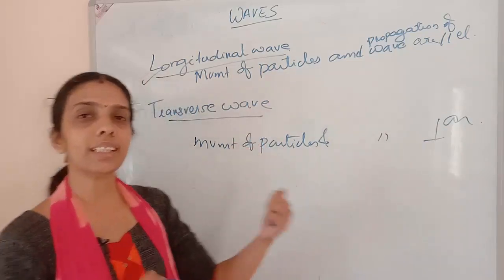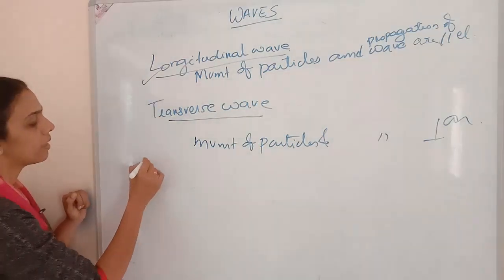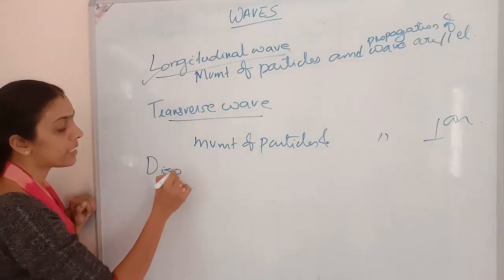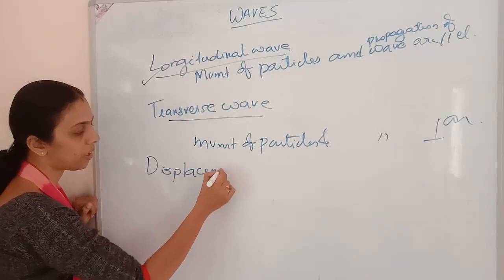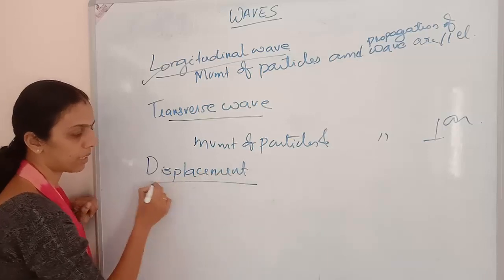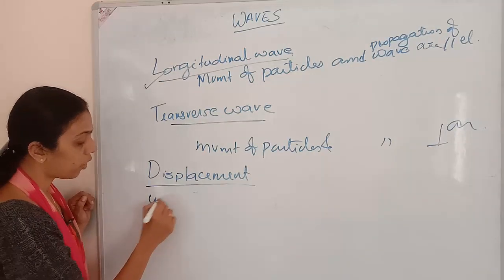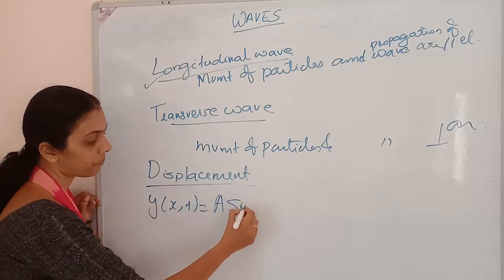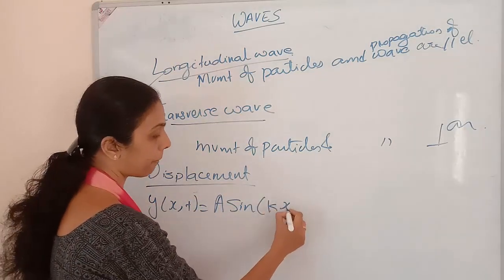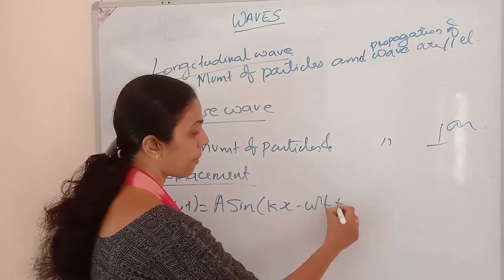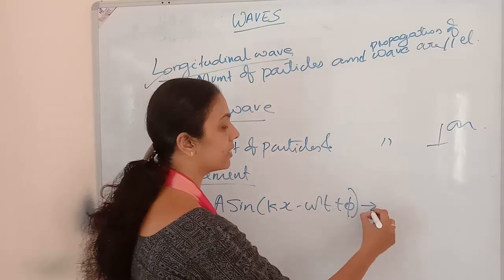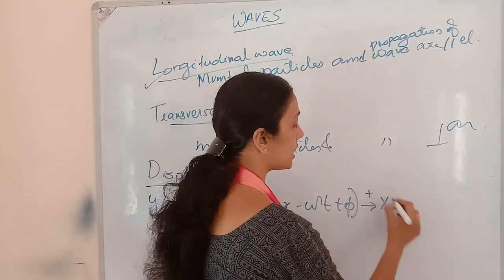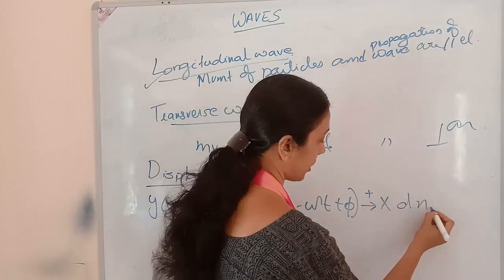But here in the case of waves or progressive wave, displacement of a progressive wave can be represented as y of x,t equals A sin (kx minus omega t plus phi). This is for the positive x direction.